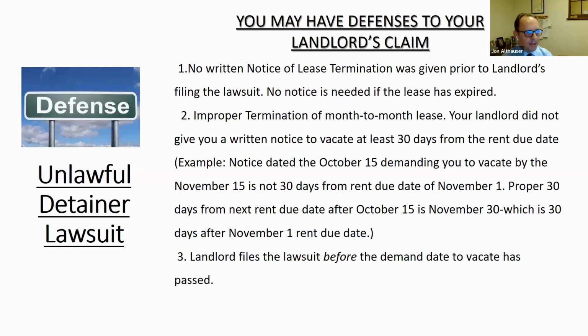And on a month-to-month lease, if it doesn't follow the statute, it's not like, okay, well, you knew about it anyway, you still have to go. There's not constructive notice, what would be called constructive notice. It has to comply strictly with the requirements, and if not, it's like it didn't happen.